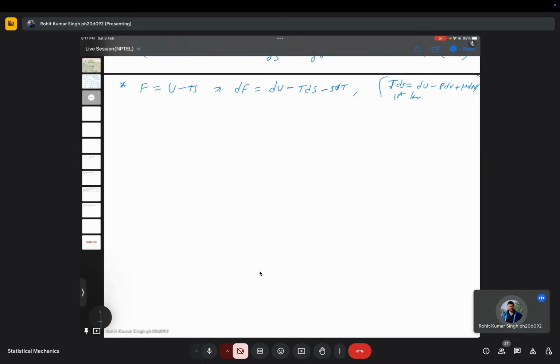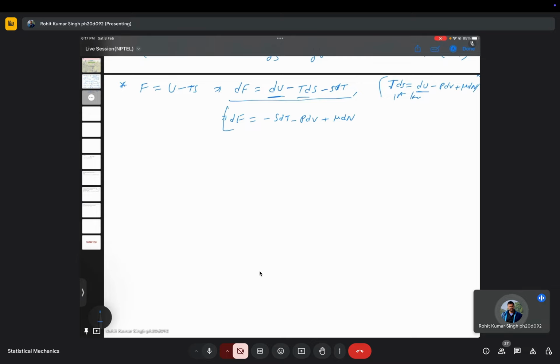And so if you substitute here, TdS will cancel with TdS, and what remains is minus SdT. So we substituted dU from here, okay? Minus PdV plus mu dN. Okay?